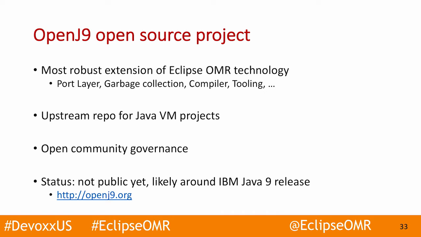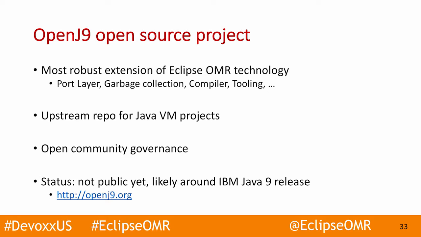So there will be an open source project created for OpenJ9. It is a very robust extension of the Eclipse OMR technology. It is kind of going back to its Java roots, so it is really pulling on it in a lot of different directions, which is really good for stressing it out. The intention is that this will be the upstream repo for a lot of Java VM projects, so for example, the IBM SDK for Java.